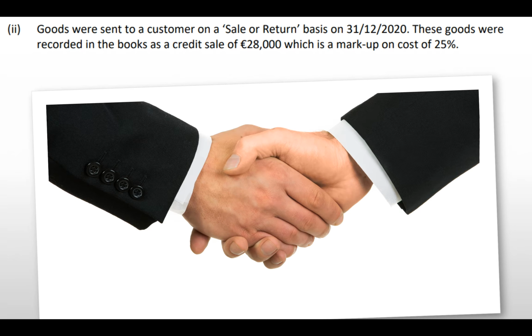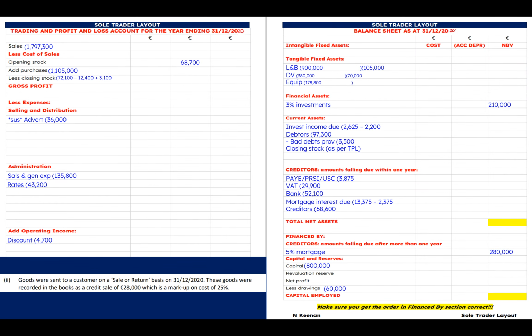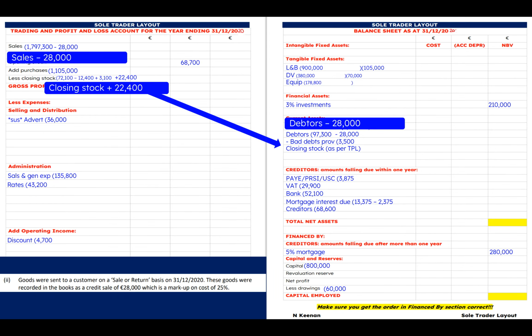So I'll just say that again. What the bookkeeper did by mistake was they took the cost price of the goods from closing stock and they added the selling price to sales and they added the selling price to debtors. So what we're going to do now is take away the selling price from sales, take away the selling price from debtors, and add the cost price back to closing stock.